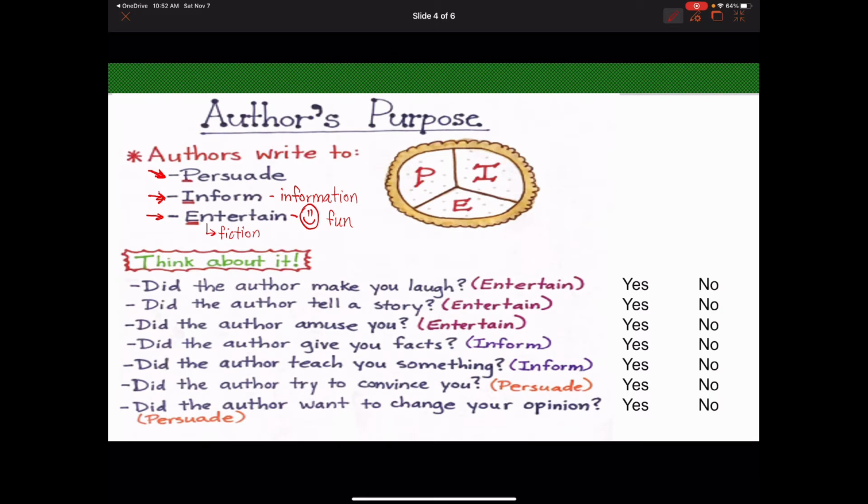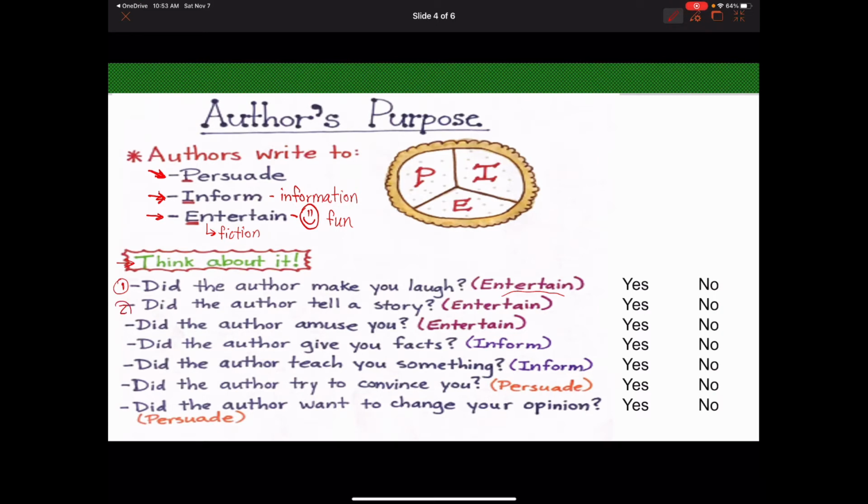Okay? So whenever we're reading, if we want to figure out what the author's purpose is, the first thing we need to do is just think about it. After we read it, we can ask ourselves these questions. Like, did the author make you laugh? If they did, then maybe they were trying to entertain us.